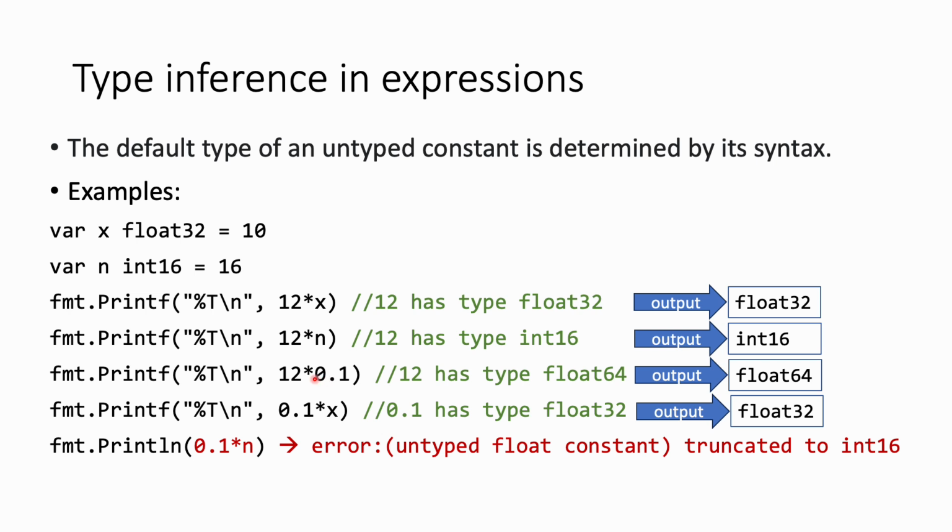So for example, in the multiplication between 12 and 0.1, both constants have type float64 because the constant 0.1 has higher precision than the constant 12, and the default type of 0.1 is float64. So as you can see, the type of this multiplication is float64.